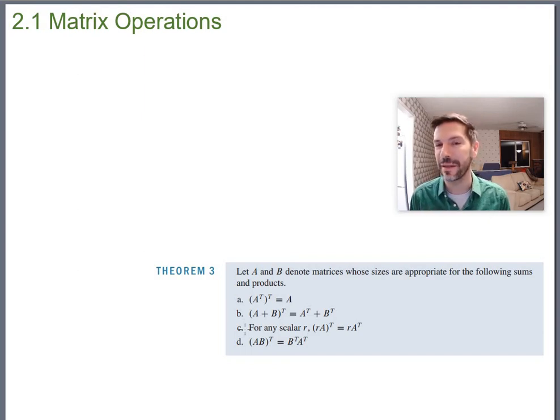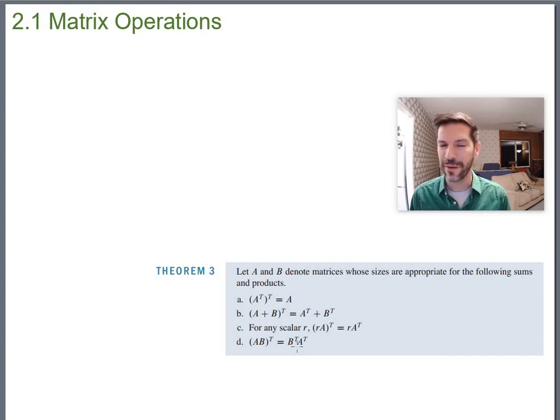D is a little less intuitive. It says if you have two matrices multiplied, and again, here's where things are a little bit different than what we're used to with matrix multiplication. If you multiply two matrices and then take the transpose, that's the same as taking the two transposes separately first and multiplying in the opposite order.